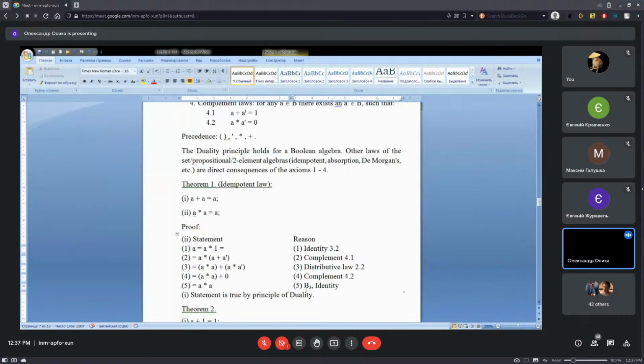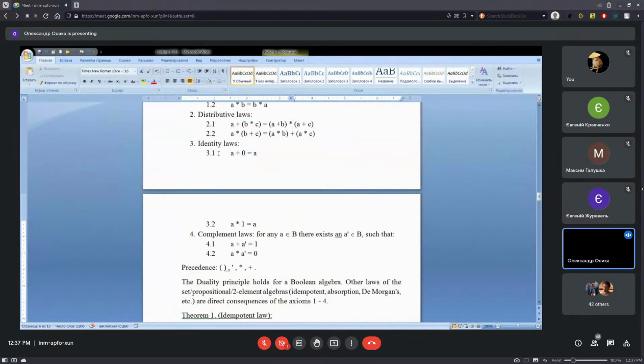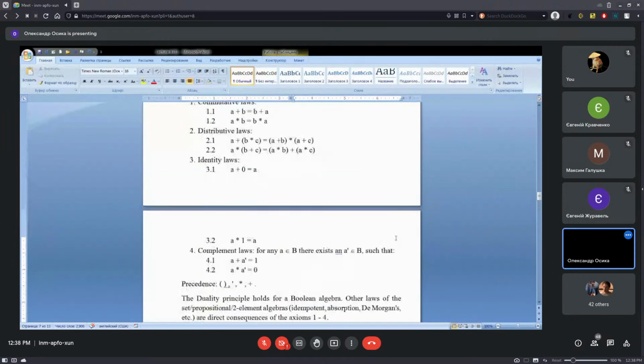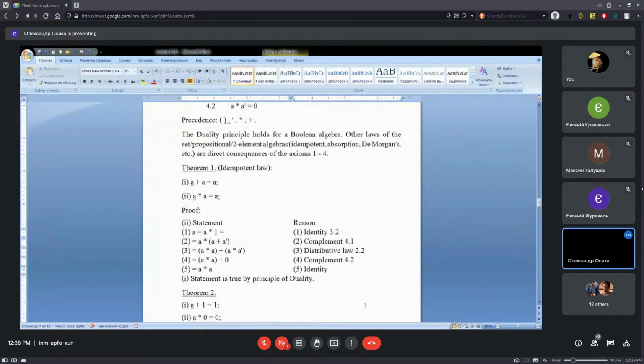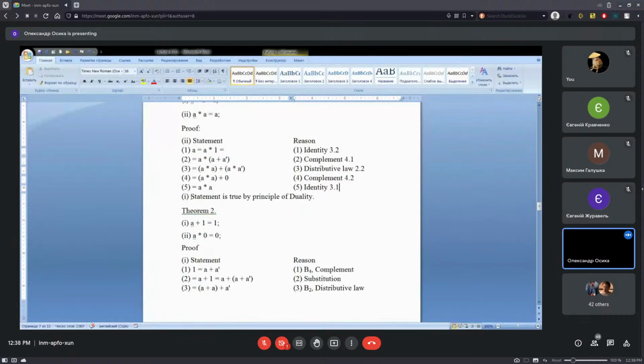And here identity, any formula 3-1. Any formula plus 0, it is A. Okay, so identity law. So this is the simplest.